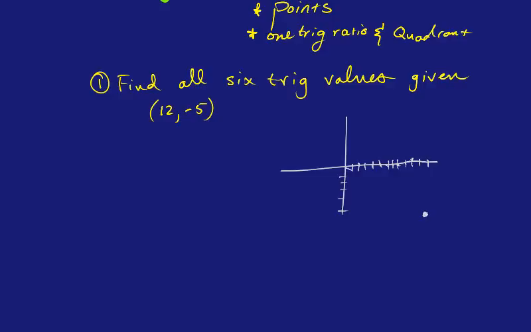So the angle that you're actually working with is from the initial side all the way around. The point 12, -5 creates that angle in the coordinate plane, and we're going to look for the sine of theta, the cosine of theta, and the tangent of theta, and we're going to find those by doing a little bit of work.